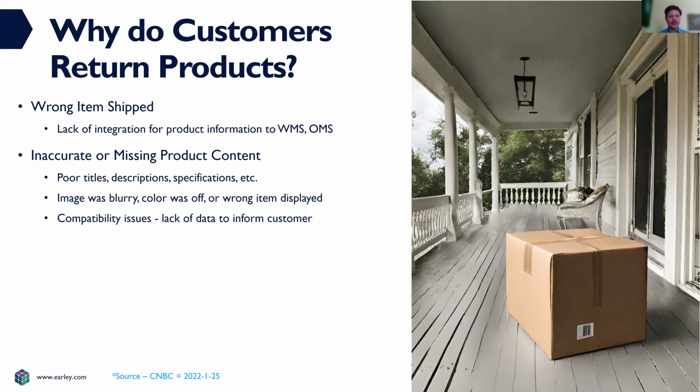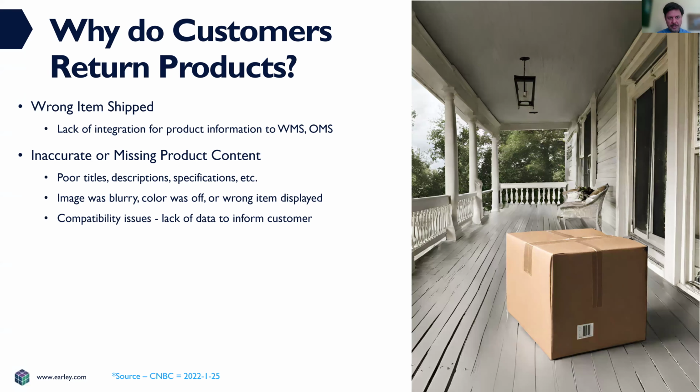And it has to do with everything from item classification, the accuracy of specs, the accuracy and the quality of images, the accuracy and the presence of compatibility data, whether it's item relationships or specifications that point to compatibility factors. All of this can contribute to returns, and there's a lot here.